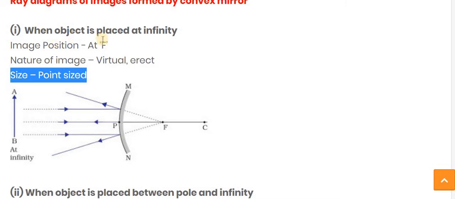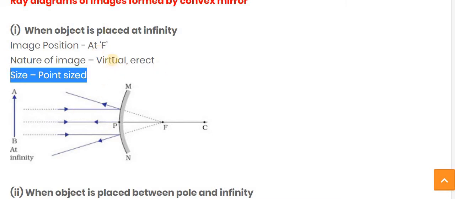If we keep our object at infinity, this is our object, we kept it at infinity. So all the rays which come from infinity are parallel to the principal axis. So these two rays come from infinity, and you can see both are parallel to the principal axis.